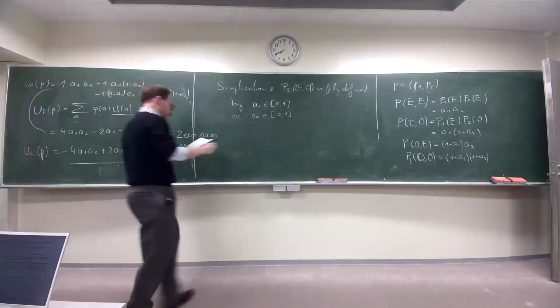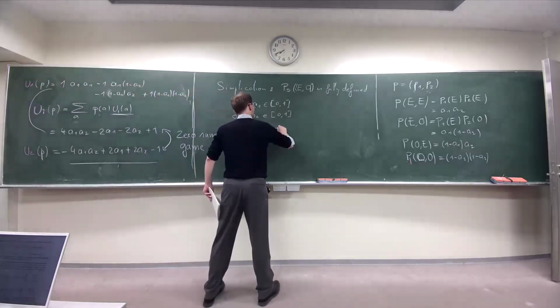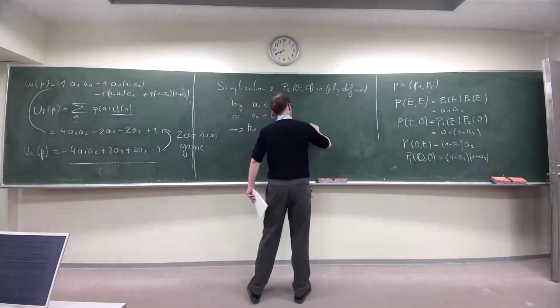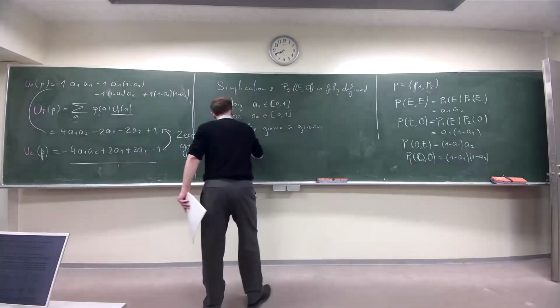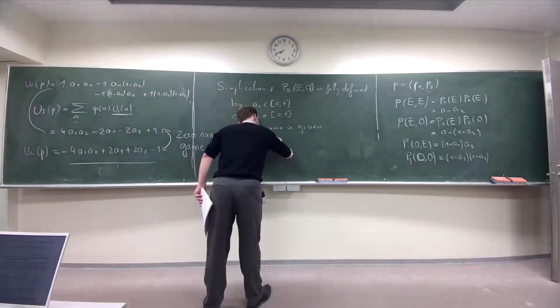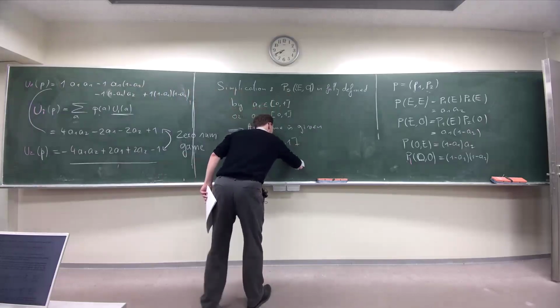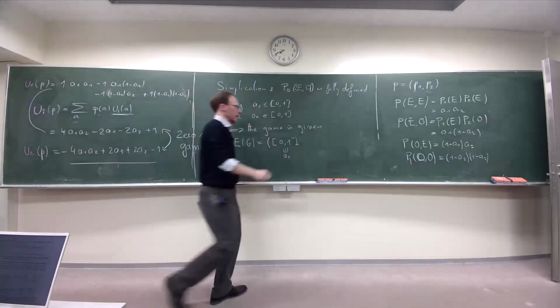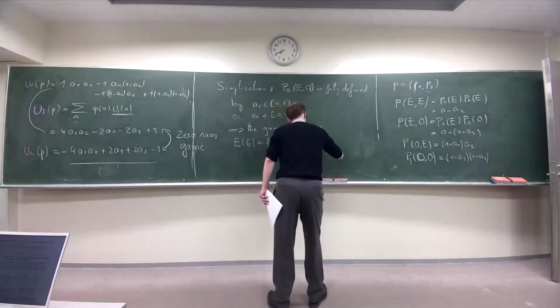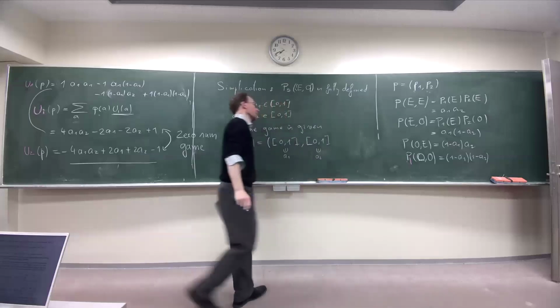So it means the game is given by, so the game is given by a number between 0 and 1. This is A1, for the first player, and a number between 0 and 1 for the second player. This is A2.